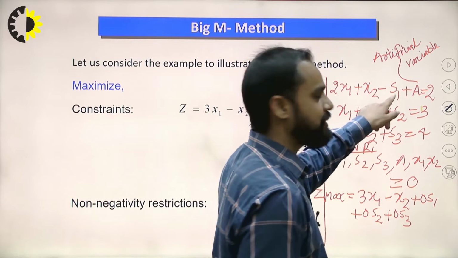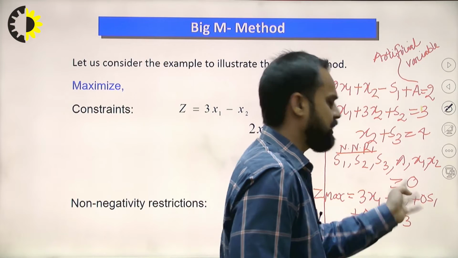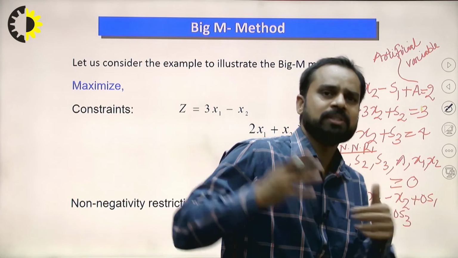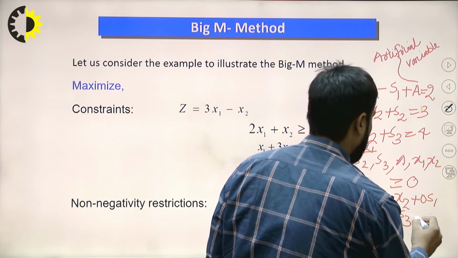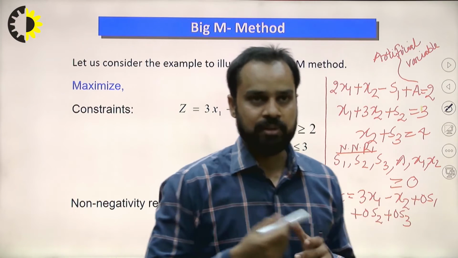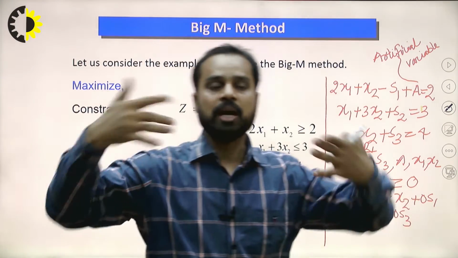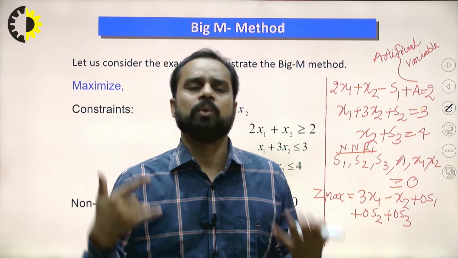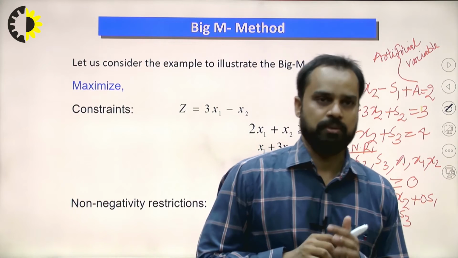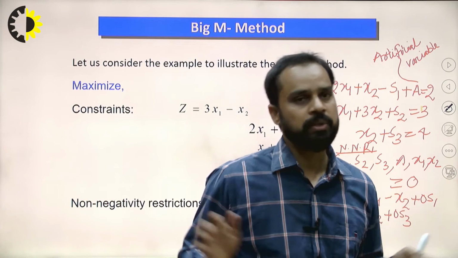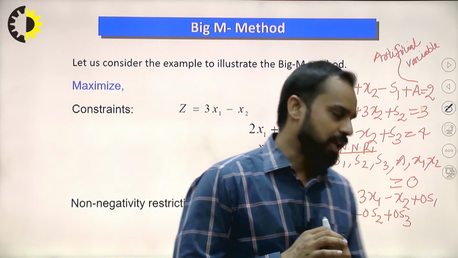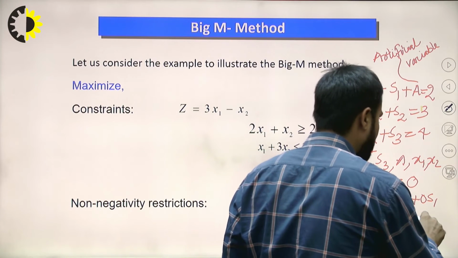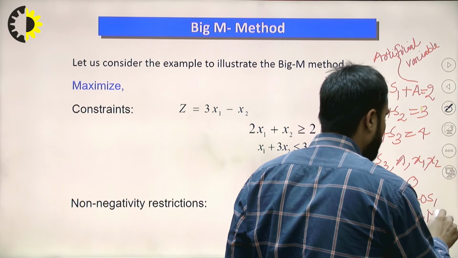Another one, a. How will I write the artificial variable in the objective function? This artificial variable does not contribute to the objective function, so I have to choose a value with a negative sign, minus M a.